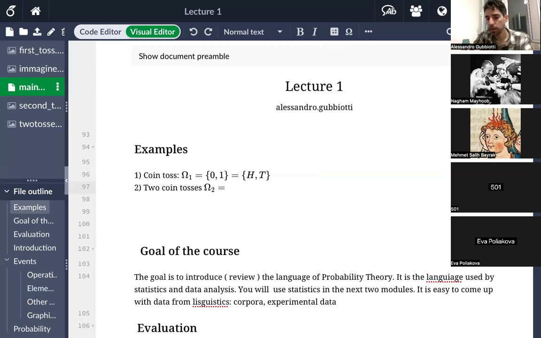Well, we have written the sample space of two dice rolled. We can use the same methodology, so we can use two digits. The first one denotes the result of the first coin toss, and the second one of the second.